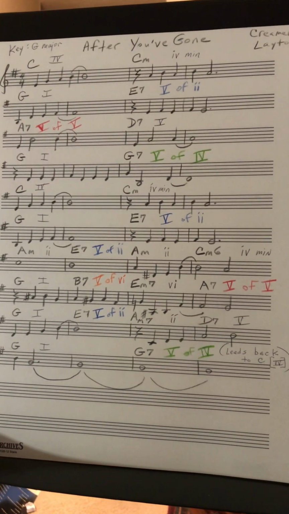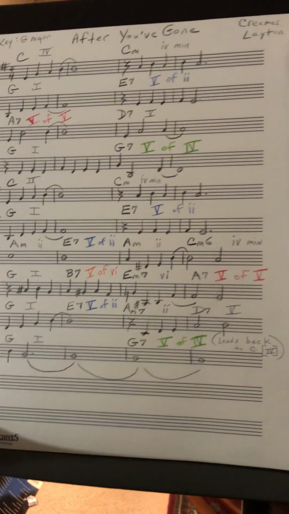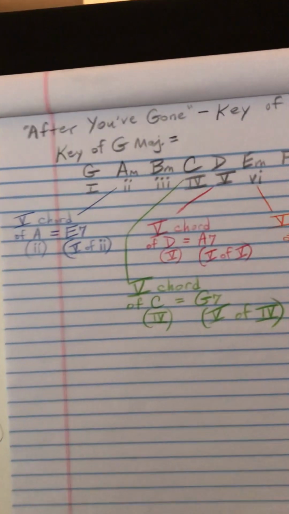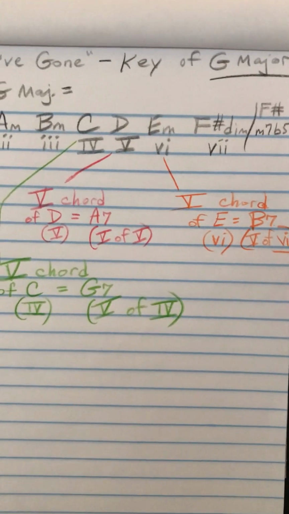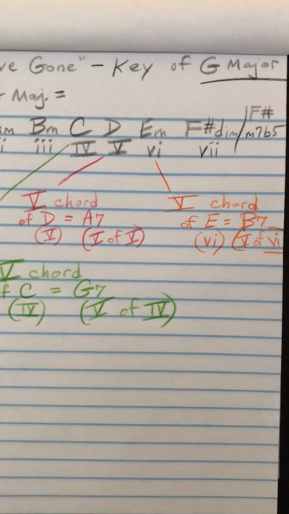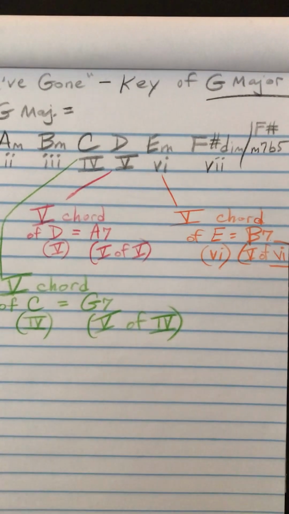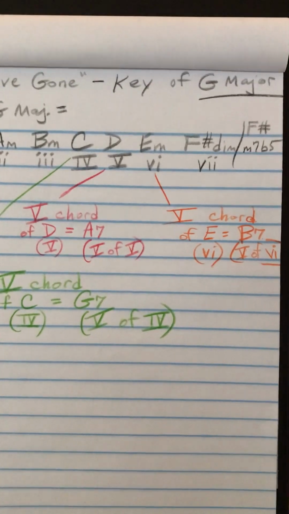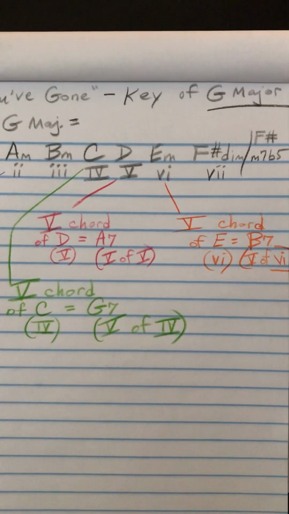So since E is the 6th of our home key of G, let me go over here and show you. Sometimes it feels like I'm over-explaining something which is really not that complicated. Look at the orange writing over on the right. The 5 chord of E is B7. So it's the 5 of 6, because that original E minor is the 6th chord in our original key of G. All right, moving back again.